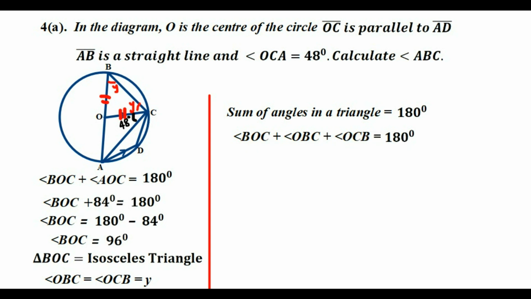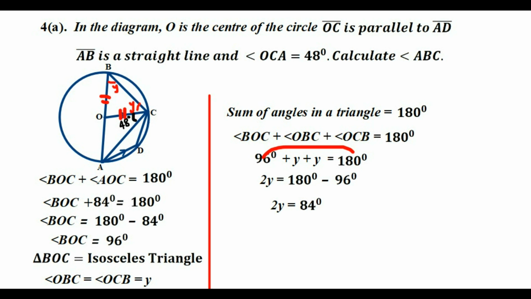And when we put that value into this equation, we have 96 plus y plus y, everything equal to 180 degrees. We can say y plus y will give us 2y, and this 96 we can bring to the other side, which gives us minus 96. So we have 2y equal to 180 degrees minus 96 degrees. Now when you take 96 away from 180 degrees, you have 2y equal to 84 degrees.